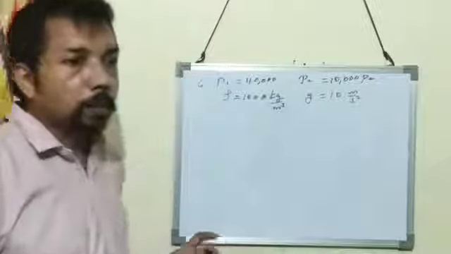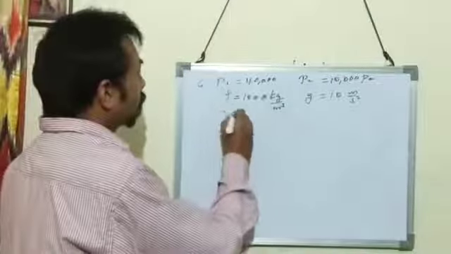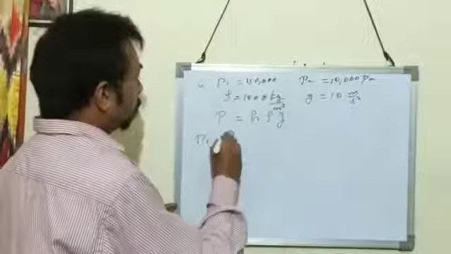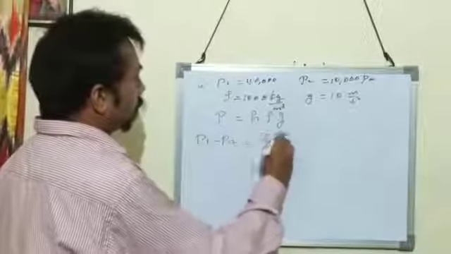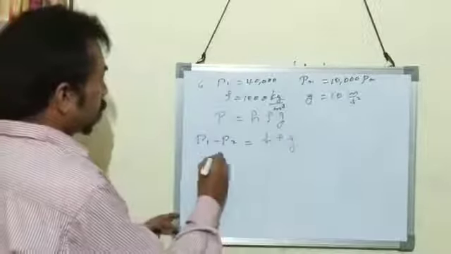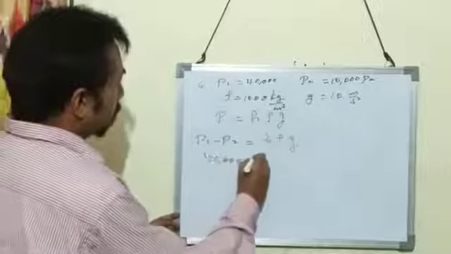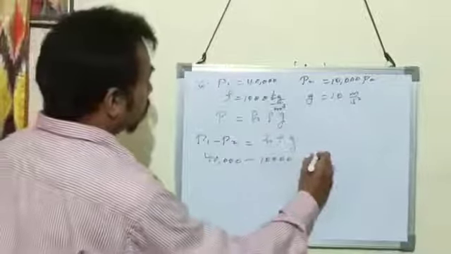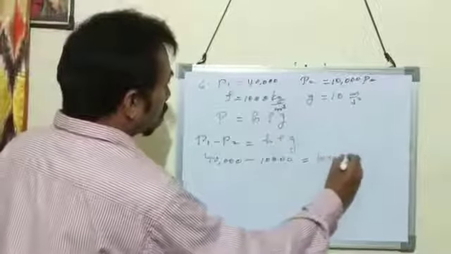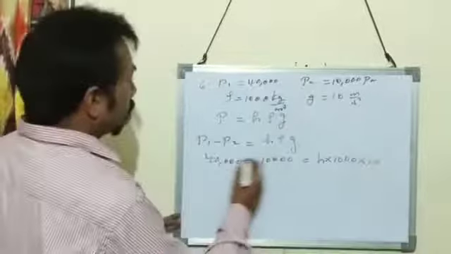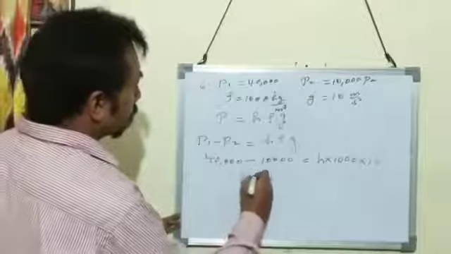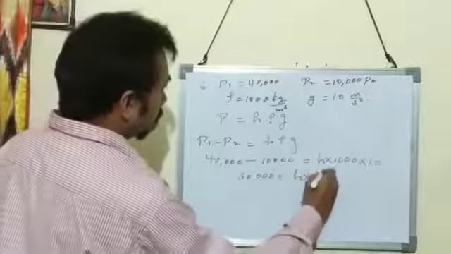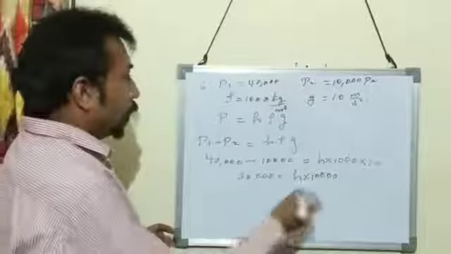So we use the formula P is equal to h rho g. That is P1 minus P2 equal to h rho g. Substituting, 40,000 minus 10,000 equal to h into 1000 into 10. 40,000 minus 10,000, 30,000, equal to h into 10,000.